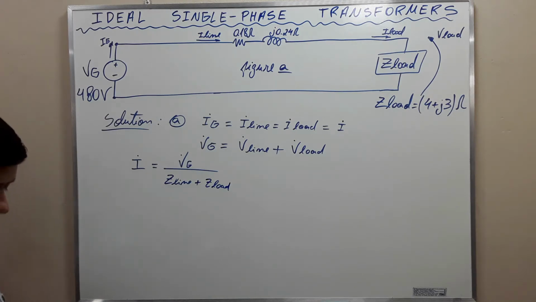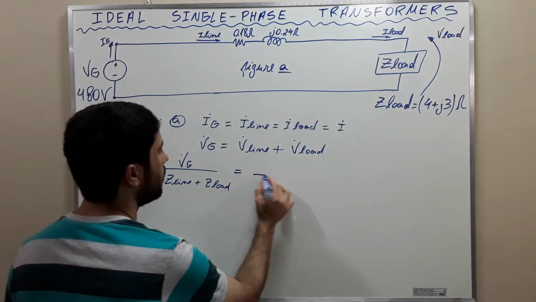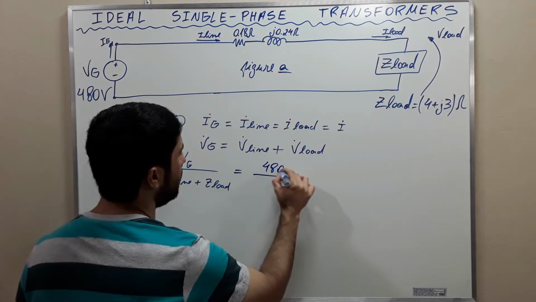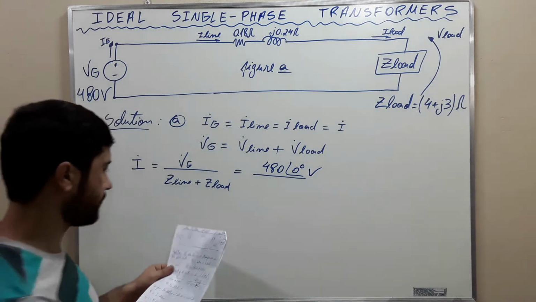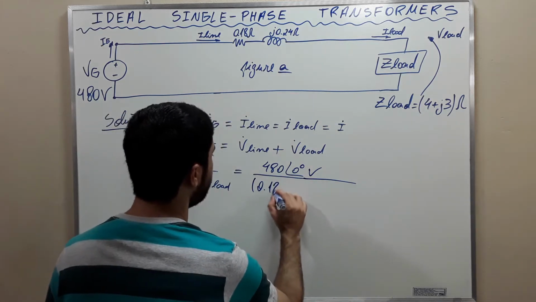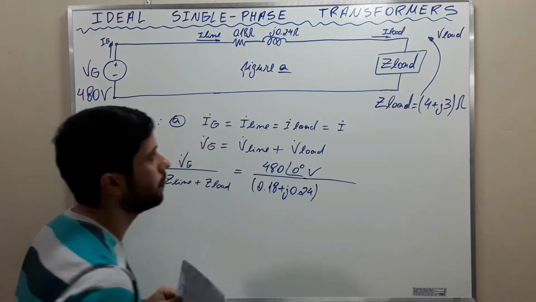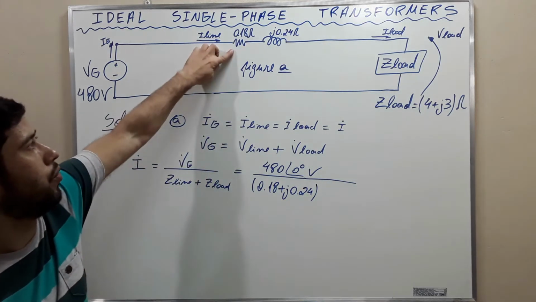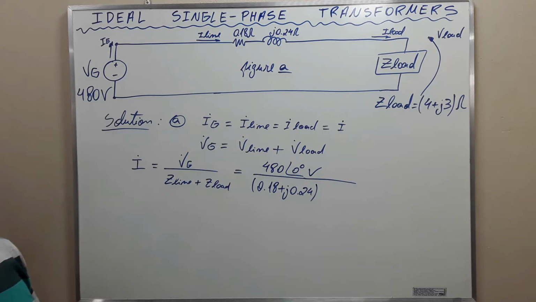Okay? We simply use the values that the problem gave us. 480 phase 0 degrees volts divided by 0.18 plus J0.24, which is the impedance of the line, plus the impedance of the load.